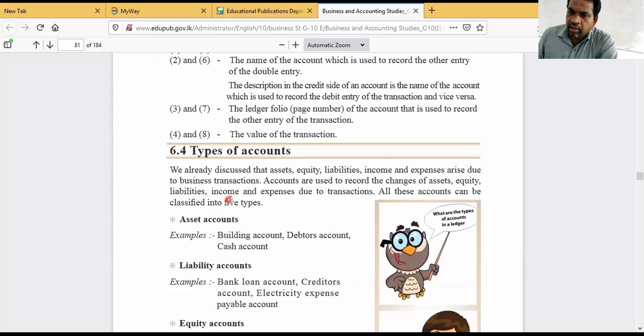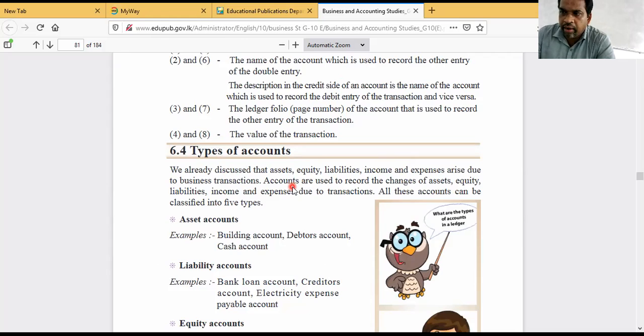Right. In a business organization, we can have 5 types of accounts. You know the double entry principle. It says that any business transaction has 2 effects called debit and credit.